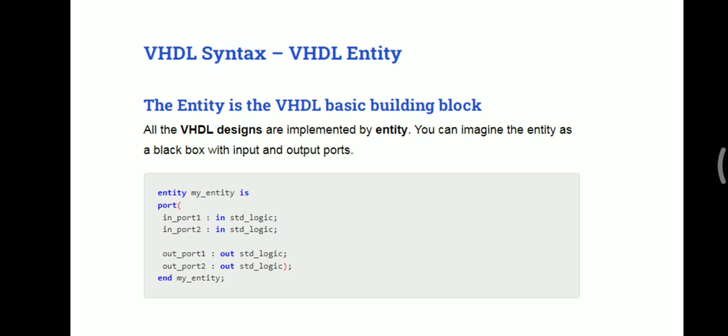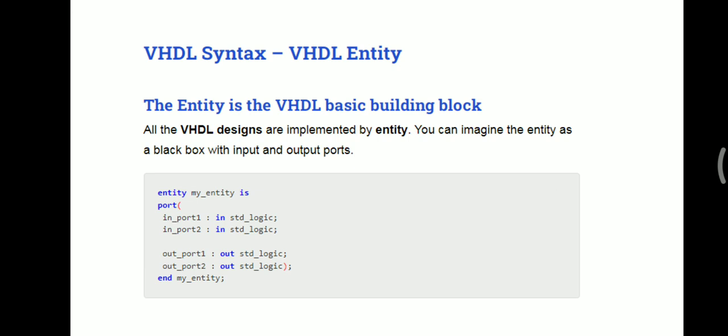You can imagine the entity as a black box with input and output ports. Here I have given the syntax for the entity. You enter the entity name, then port with the input ports.